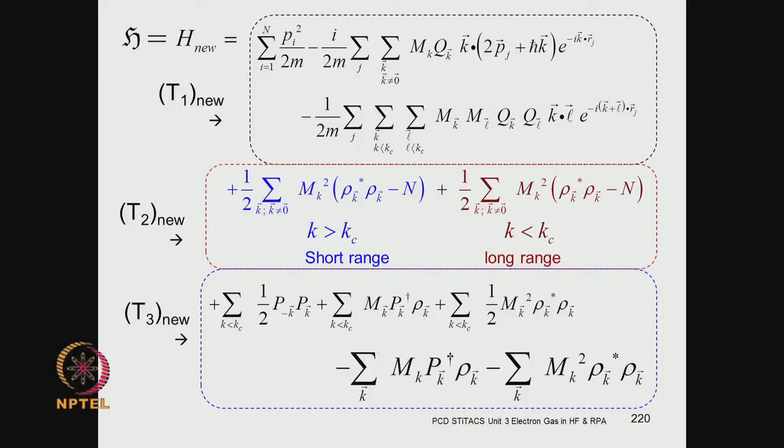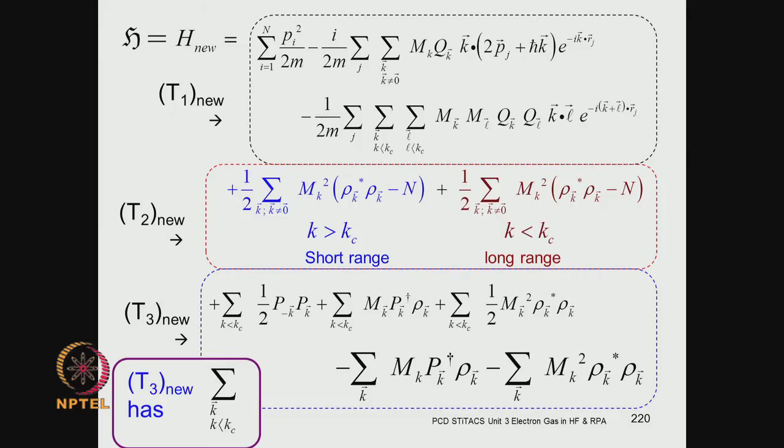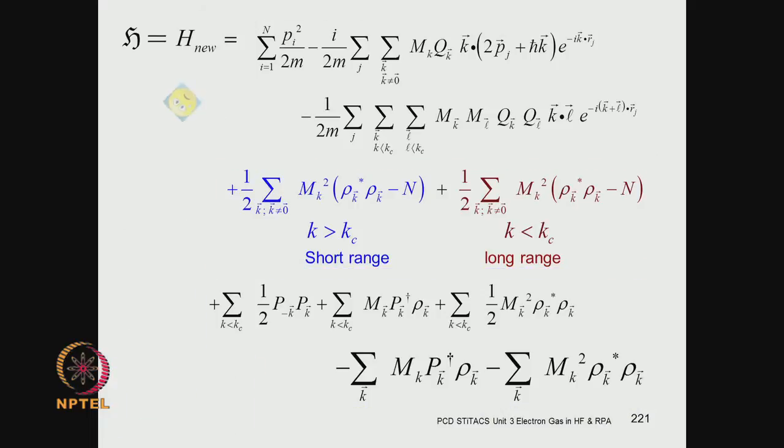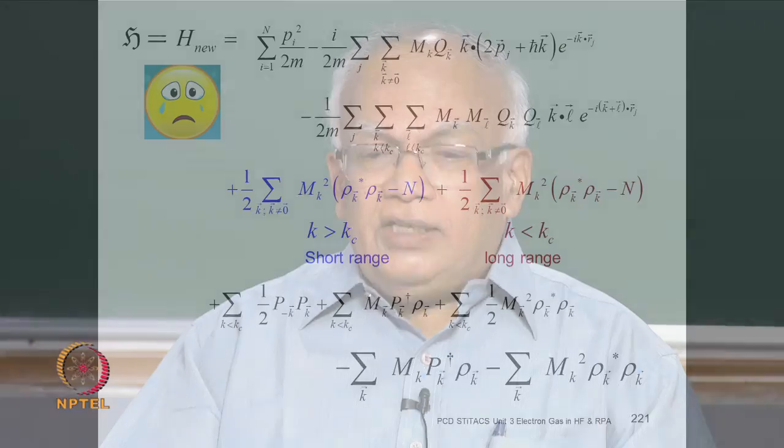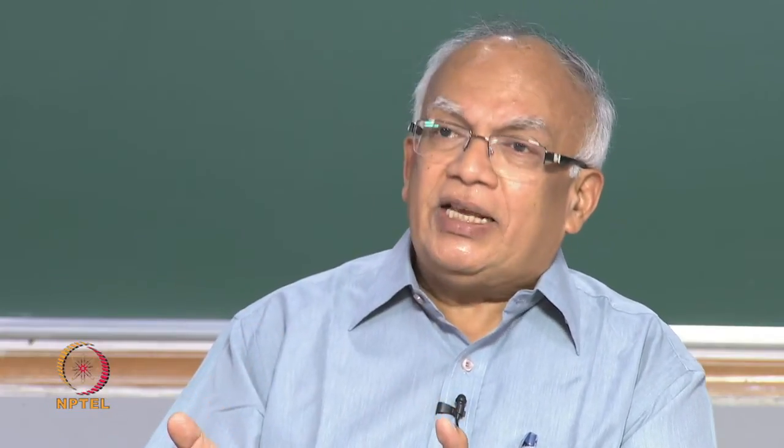So, it is there, but it has to manifest itself. Right? So, these are the terms, and this is a lot of work. We certainly expect that this system will represent the collective behavior, the correlated dynamics of the electron gas. Everything is included in it.